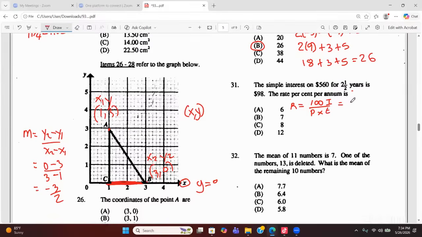So in this case, 100 times 98 over 560 times 2.5. You're going to have to work these out. There's no easy way around this. The only thing I can say is you can cancel a few things here.